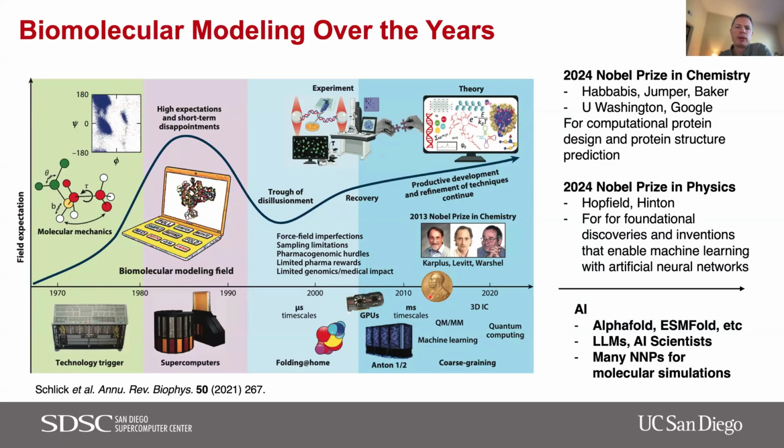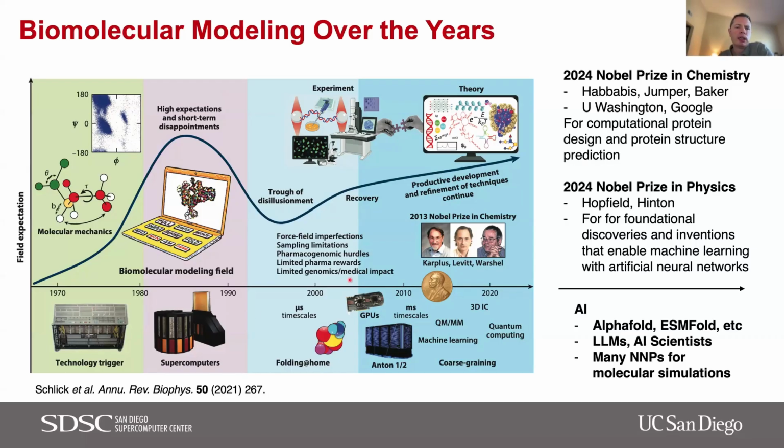One thing that I wanted to say, and this holds for other fields too, but also biomolecular modeling, is that I like this graphic by Tamar Schlick from a publication in 2021 that demonstrates how scientific simulations and related discoveries have been going hand in hand with development in computer technologies.